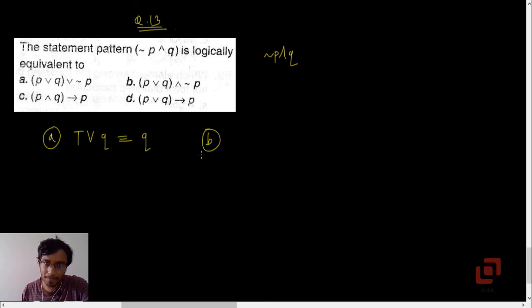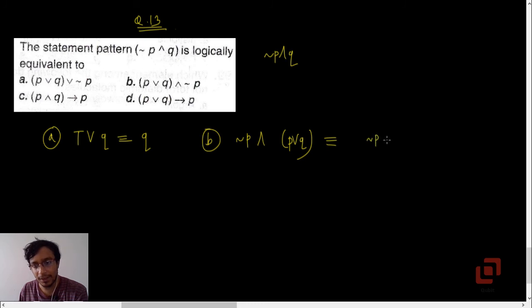In B, we can apply the distributive law. Negation P and P or Q. So that will be negation P and P, or negation P and Q. See, now what is negation P and P?